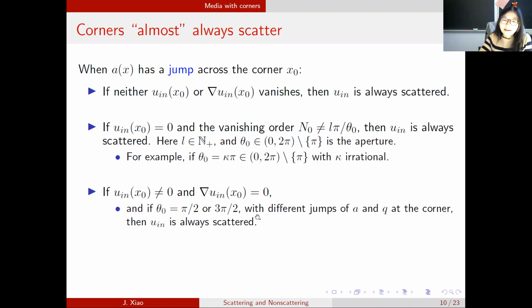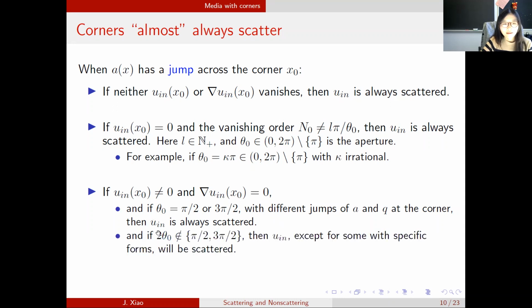Again, with the same example, we will see that if this condition is removed, we may have some non-scattering incident field, so this is actually necessary, at least in general.